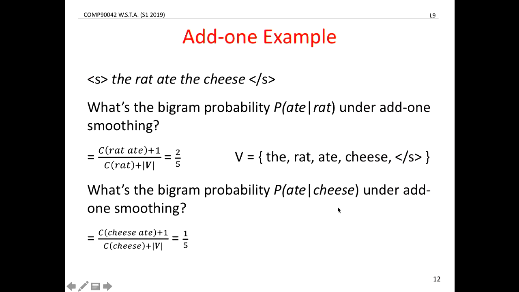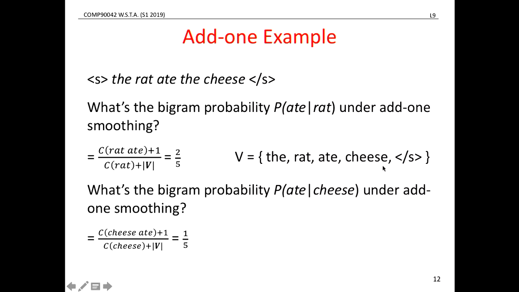Okay. Here's an example. The rat ate the cheese. If we look at the bigram probability of ate given rat, based around this training corpus, we would see that it's originally count 1, but now we end up adding an extra 1 to it, so it becomes count 2. The count of rat was 1, but now there are 1, 2, 3, 4, 5 unique tokens here, so we've added on 5.